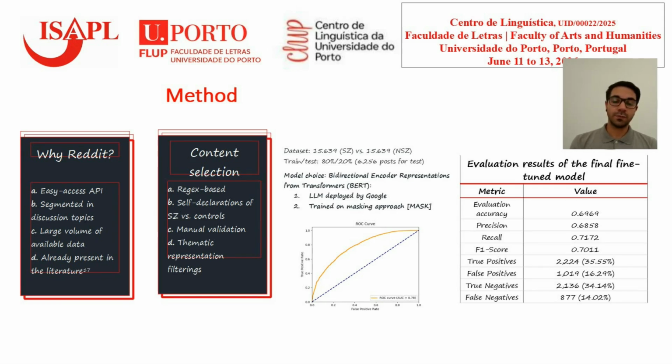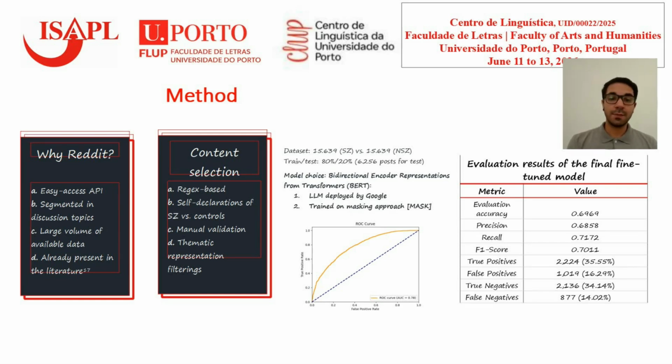So what we did was we took this model, BERT, which was already pre-trained, and we fine-tuned it to classify schizophrenia across a set of 31,278 posts from the social media platform Reddit. These posts were equally split between users who self-declared as having schizophrenia and users who did not self-declare as having any kind of mental disorder.